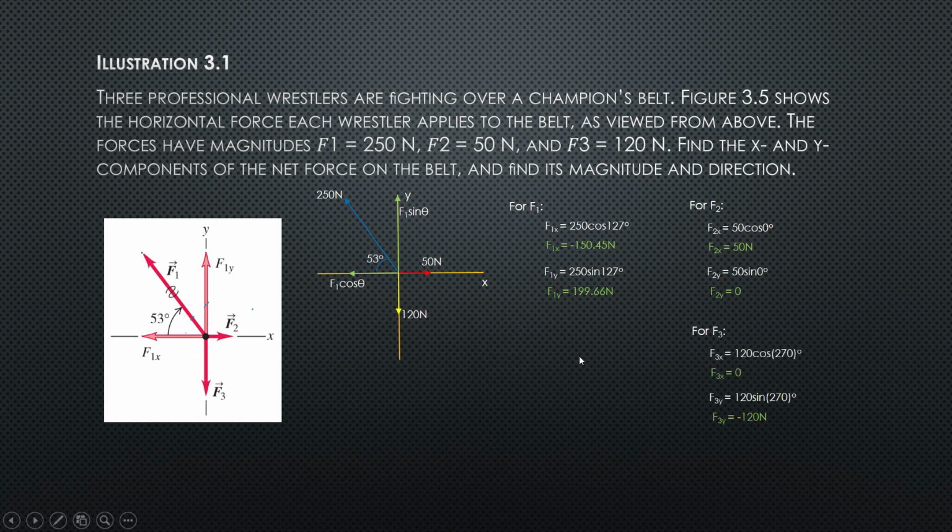Let's see. For F3, the x component is F3 cosine theta. The angle could be 0, 90, 180, and then 270, or you can also use negative 90 degrees. I have used 270 degrees. 120 cosine 270 is 0.